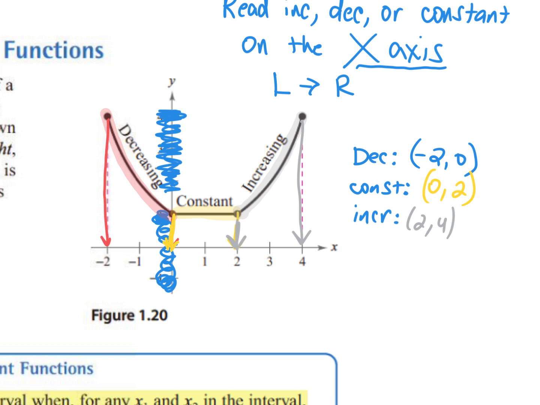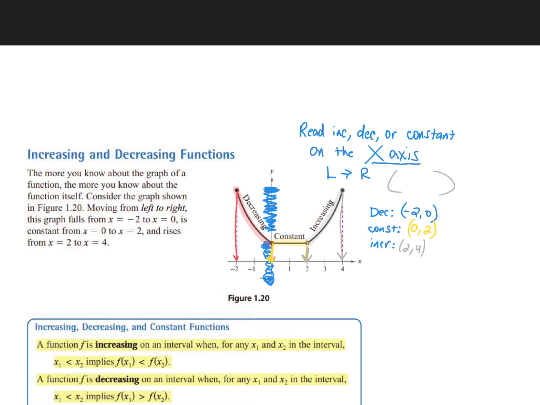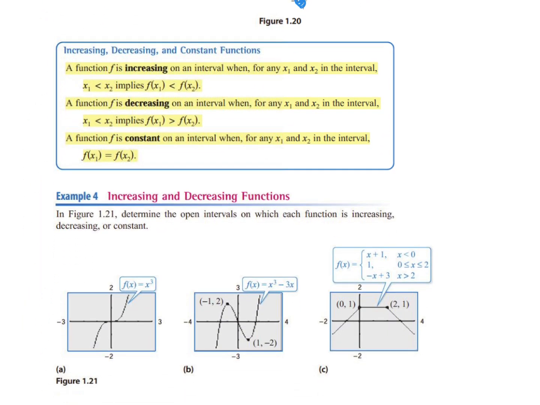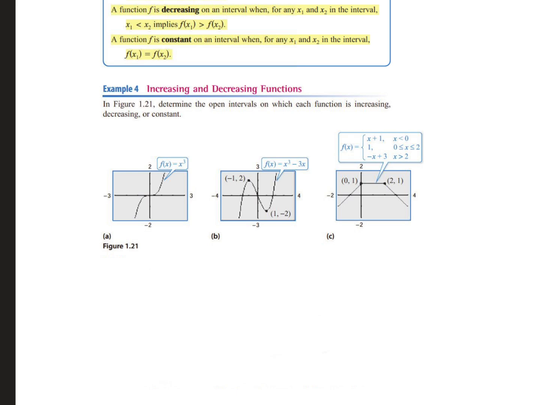So you'd never use brackets on intervals of increase, decrease, constant, just always parentheses, all right? So remind yourself, no brackets. We only use brackets on domain and range. You guys okay? It's a little easier when there are specific stopping and starting points.